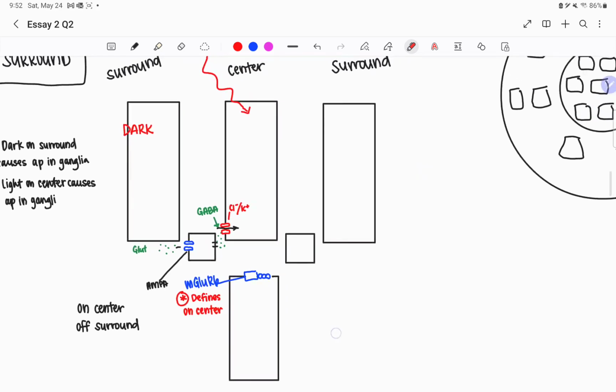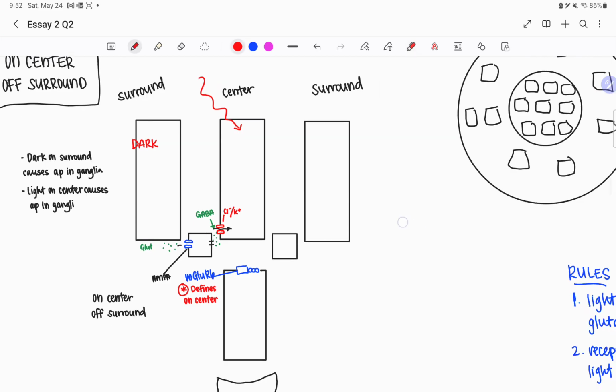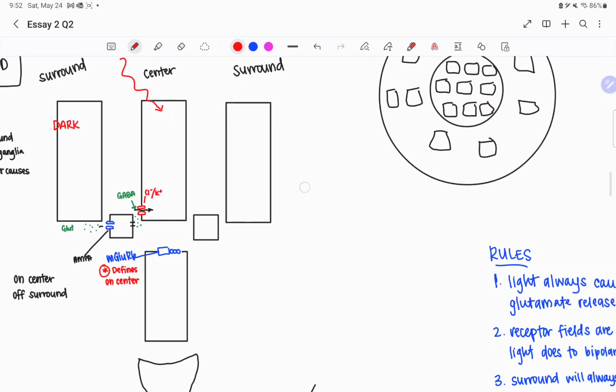Again, I know this is really difficult to understand. I had to work on it a lot. But just remember, these are kind of the rules, okay? Dark equals more glutamate.